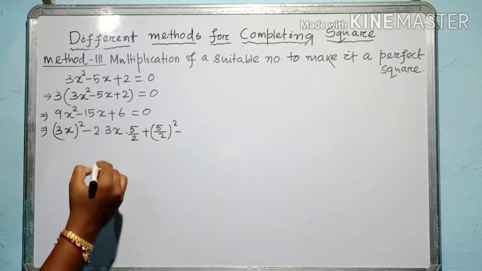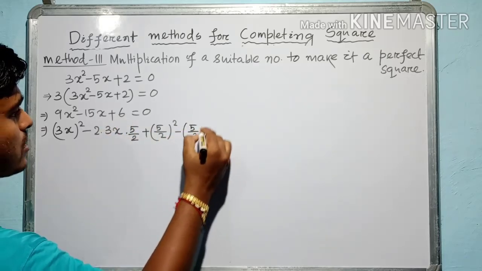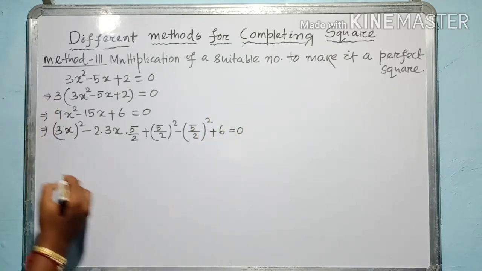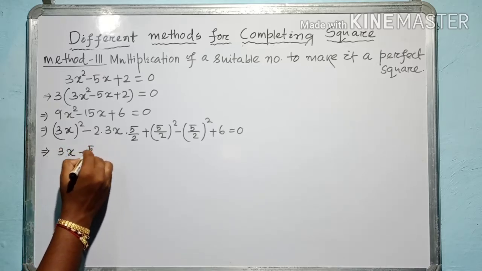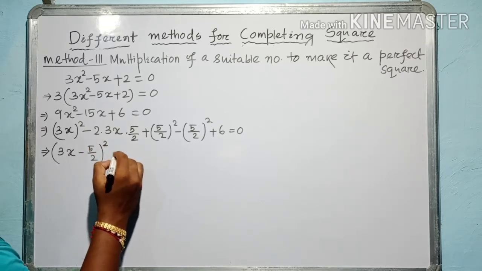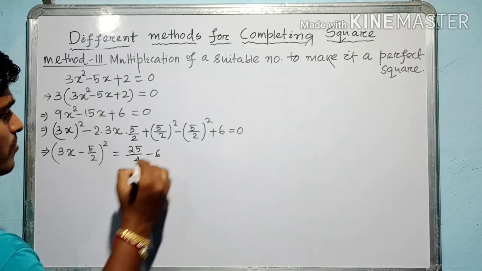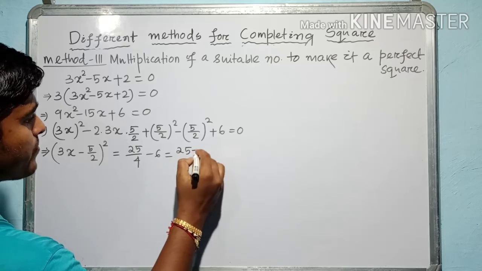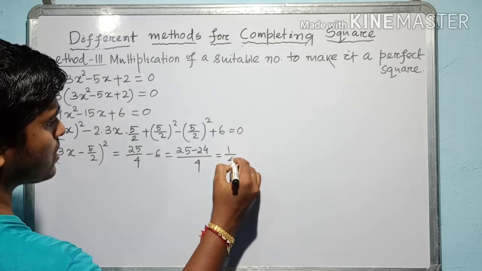To balance, we have to subtract 5 by 2 whole square, plus 6 is equal to 0. It will be 3x minus 5 by 2 whole square is equal to 25 by 4 minus 6, that is 25 minus 24 by 4, that is 1 by 4.